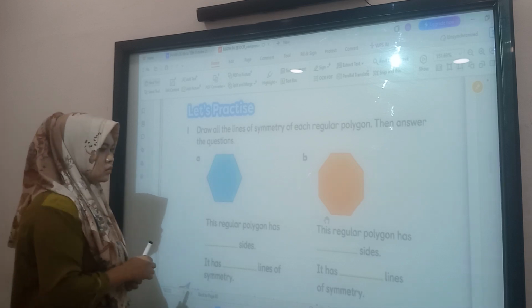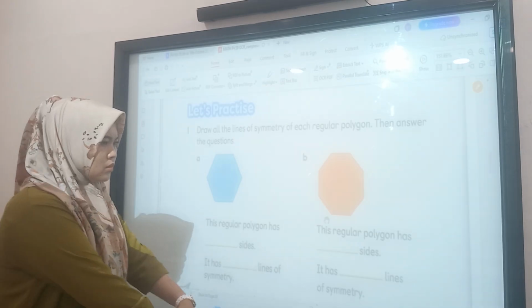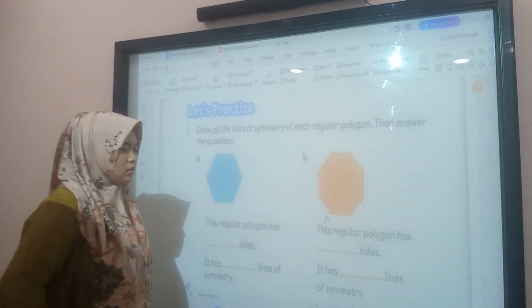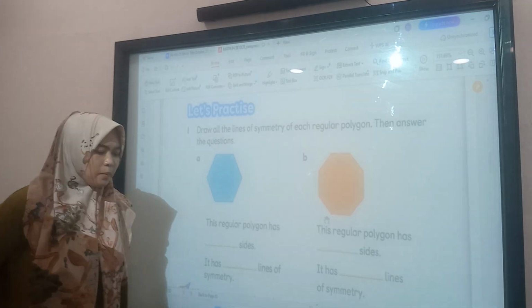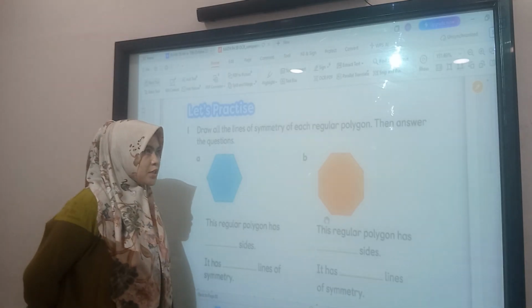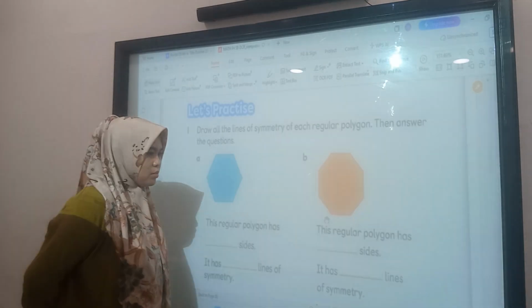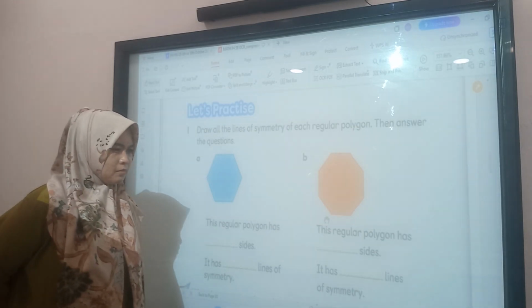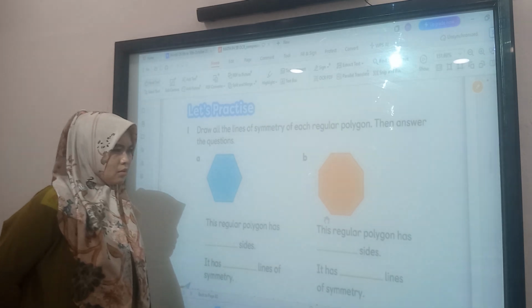Next is the science project, and the next science project will be about observing the plant, right? Yes, sir. You have provided the materials, but what day is it actually? Next Friday, the 10th of October. Because the plant needs time to grow, you can start planting maybe from this Monday.